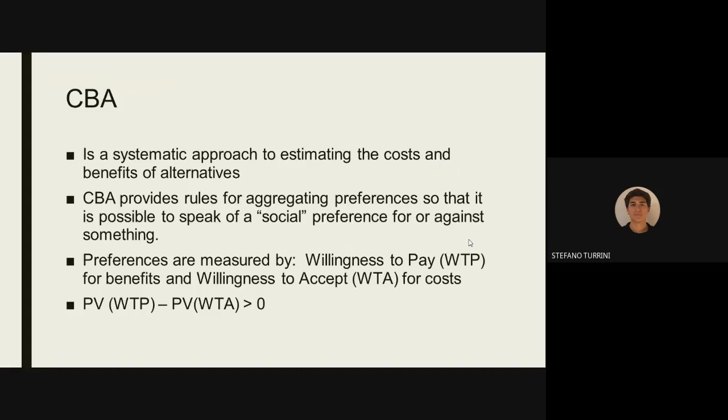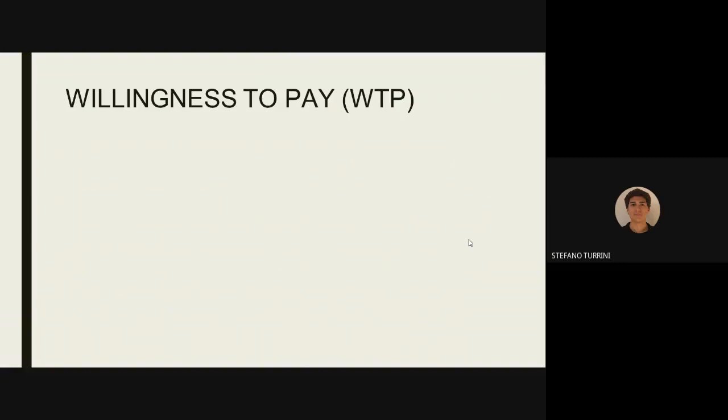On one side we have the willingness to pay for the benefits, and on the other side the willingness to accept for the costs. The result should be a net present value higher than zero, where the benefits are higher than the costs, and so the willingness to pay is higher than the willingness to accept.